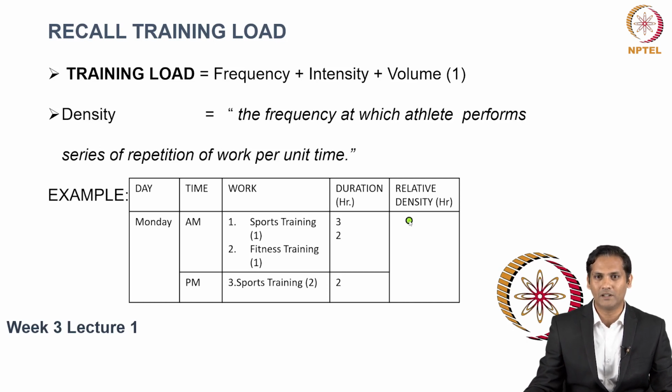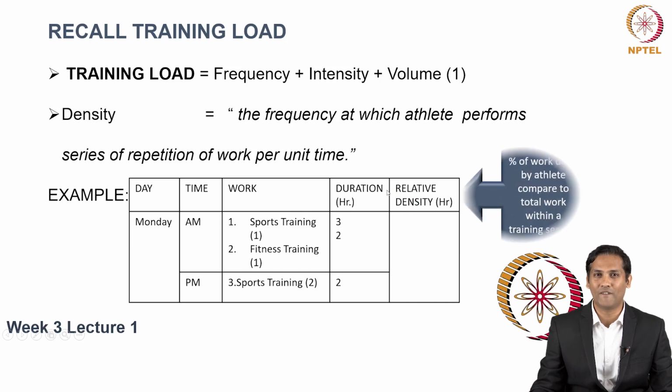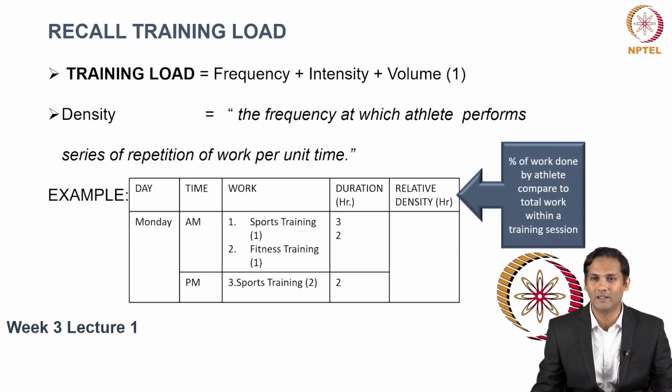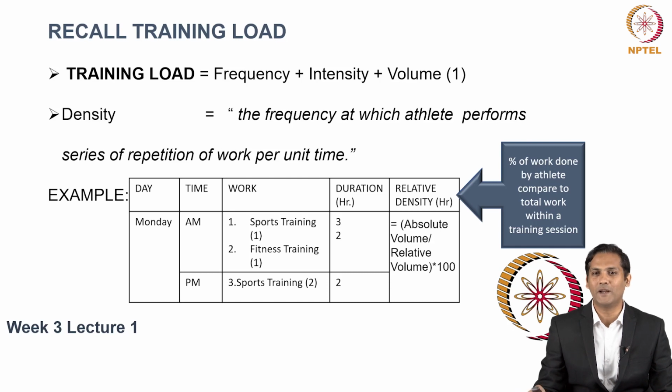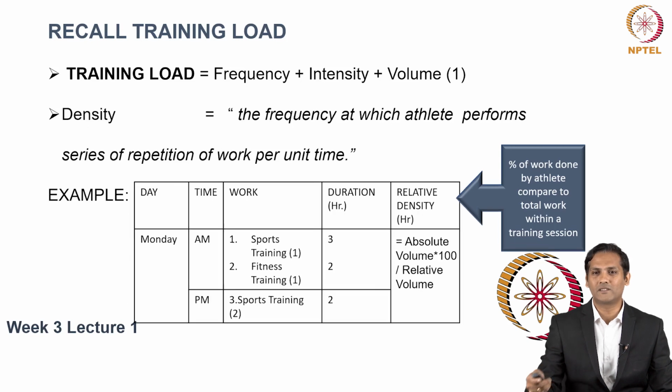To start with, the relative density is defined as the percent of work done by an athlete compared to the total work within the training session. It is calculated by the formula: absolute volume divided by relative volume, multiplied by 100. Now let's understand this with the current example.